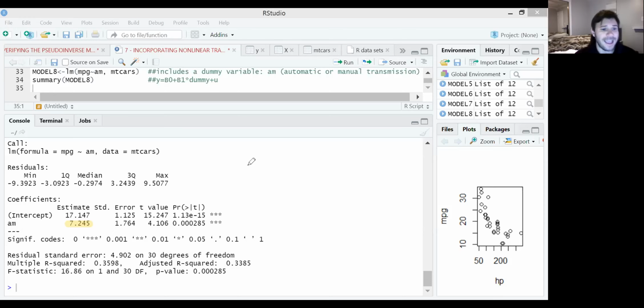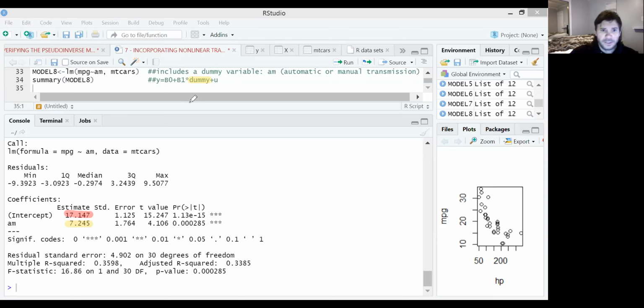If the AM variable was 0, if we had an automatic vehicle, then we would plug in a 0 for our dummy, and the predicted value of the miles per gallon would be the intercept term, saying on average in this data set, the automatic vehicles have 17.147 miles per gallon. But if we add that to the 7.245 term, then we're seeing that the manual vehicles are getting about 24.38892, about 24 miles per gallon, by controlling for that binary dummy variable on the right-hand side.